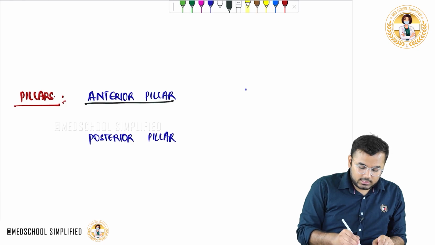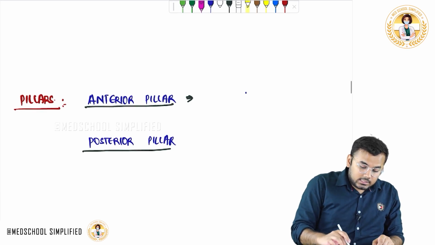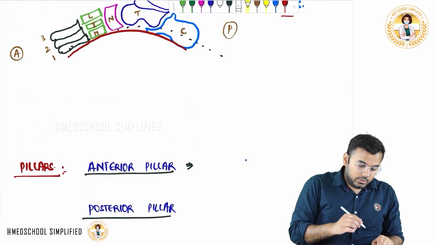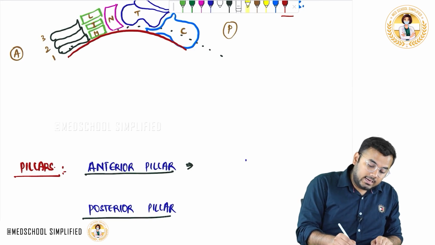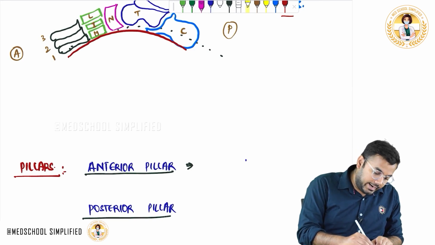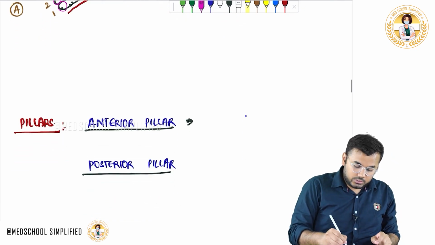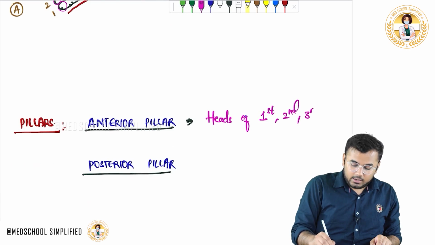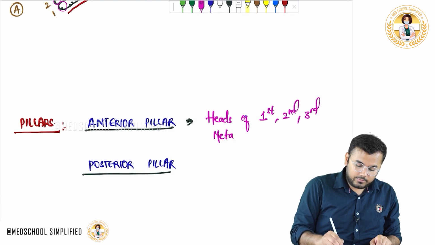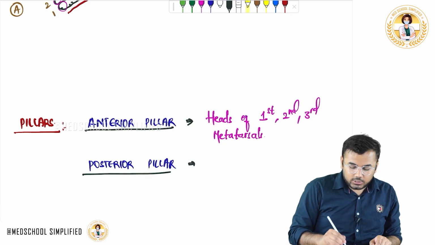Anterior pillar is formed by the first, second, and third metatarsals. Exactly speaking, which part of the metatarsal? The head. So it is formed by the heads of the first, second, and third metatarsals.